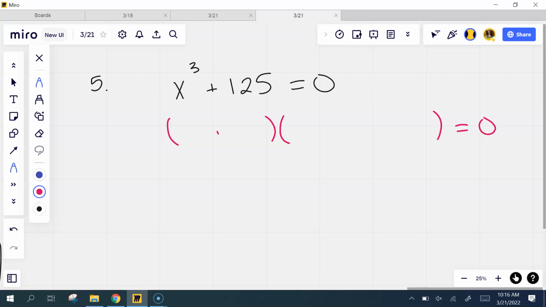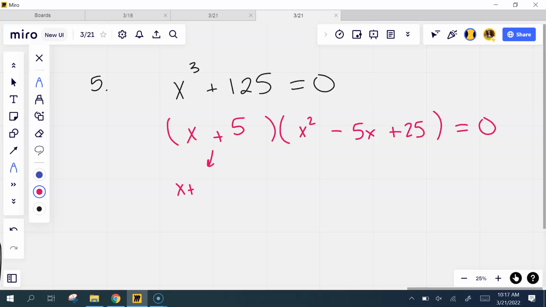Go ahead and fill in your signs. Same, change, plus. What goes in the first set? X plus 5. Fill in the second. What does it look like? Ooh, I'm ready to solve, right?